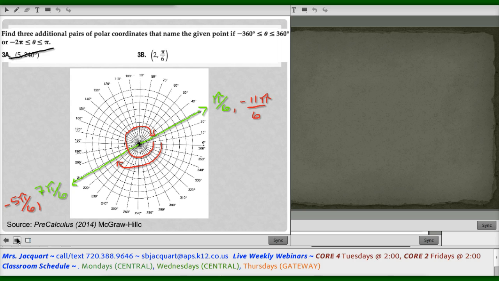And where we want to get to is this number 2 spot right there. So how do I get to that 2? Well, I could do 2 and pi/6. I can come to it from backwards. So I can come to it from 2 and -11pi/6. I didn't get the 11 in there. Now I have the 11pi/6.